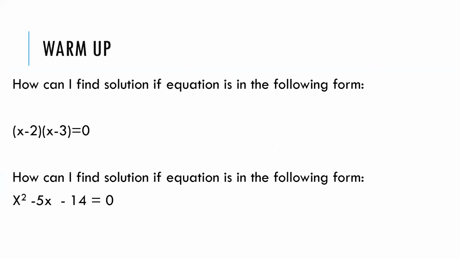form. When I say factorized form, we are talking about your linear factors. The quadratic equation or the cubic equation would be in its linear factor form. You can see the first one is in factorized form. It is x minus 2, in brackets.